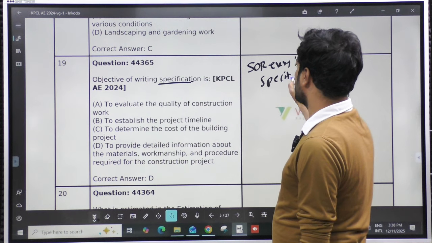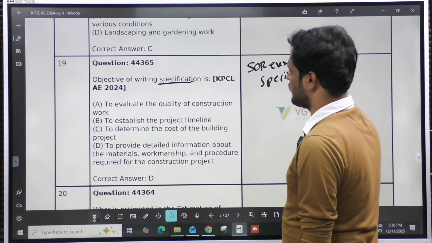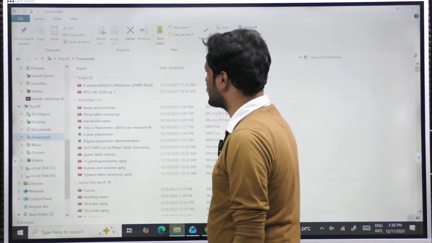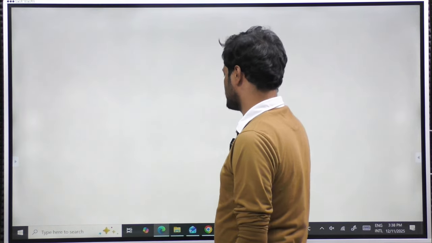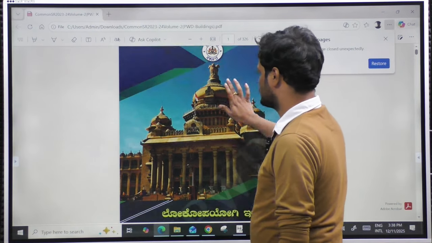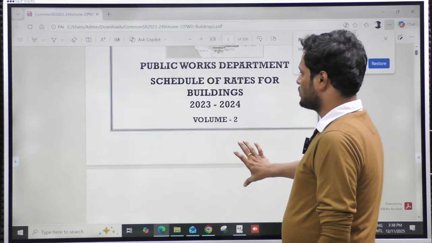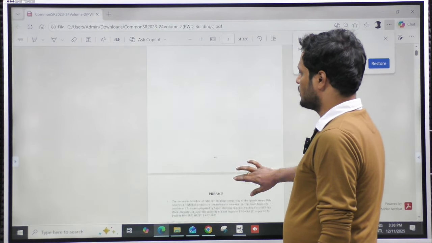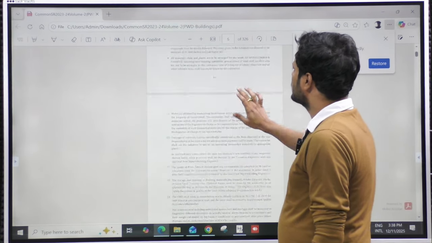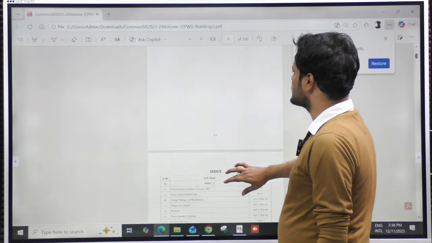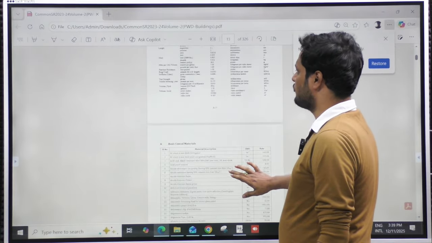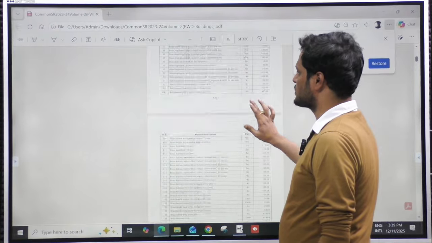Every state generally releases this every year. For Karnataka also I will show you how to download the Karnataka SOR. Like this, you will have earth filling and excavation, and for different types of works you will have specifications.